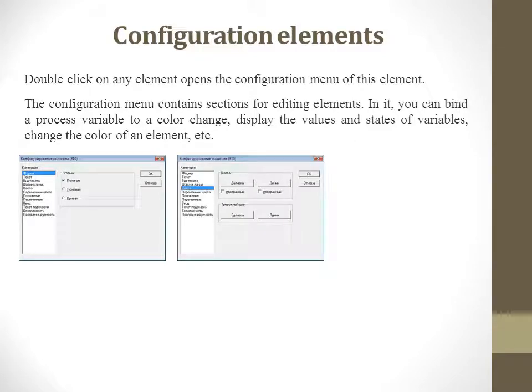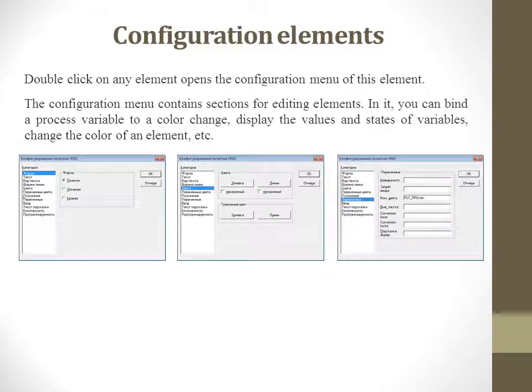In this section, we can change the color of our element. For example, in this part of this section, we can add some color for our element, and in the second part of this section we can add alarm color for our element.